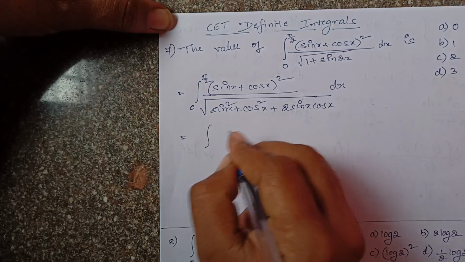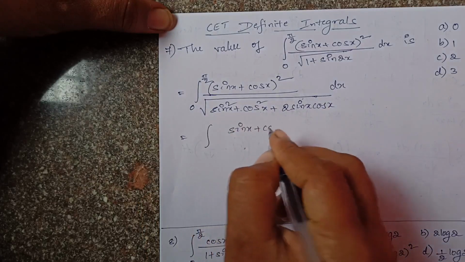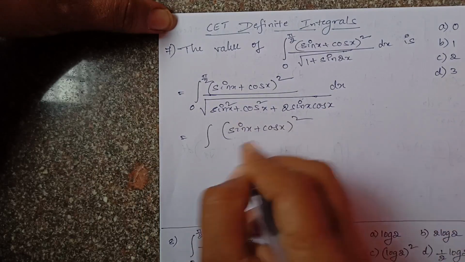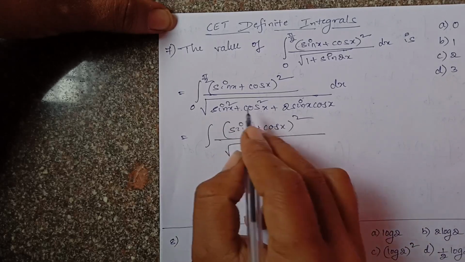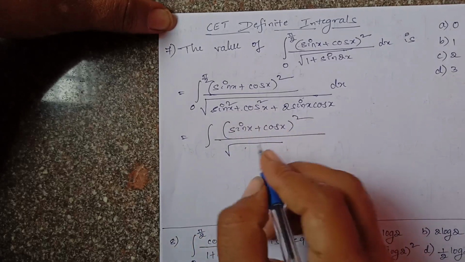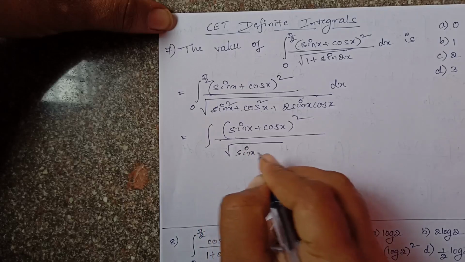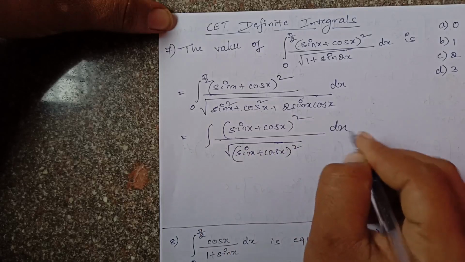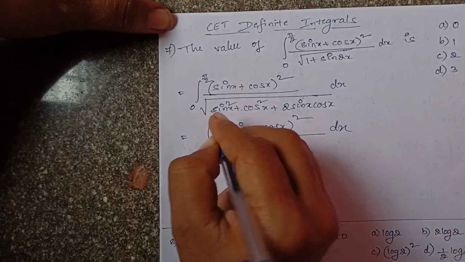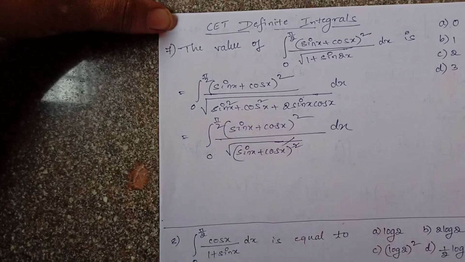Now integration of this is sin x plus cos x whole square divided by, inside the root it is like a square plus b square plus 2ab. We can write it as a plus b whole square. Sin x plus cos x whole square into dx. Square and square root get cancelled out. This is 0 to pi by 2.